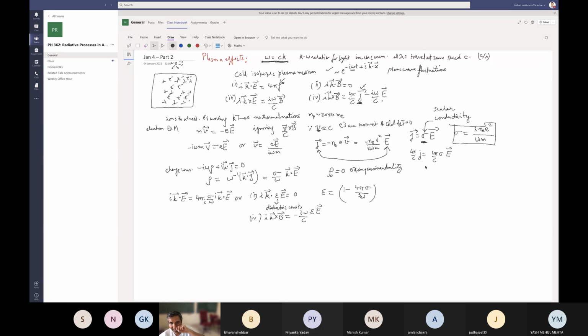So we have minus, so the right hand side of equation 4 is nothing but minus i omega by c E times 1 minus c by i omega, 4 pi sigma.